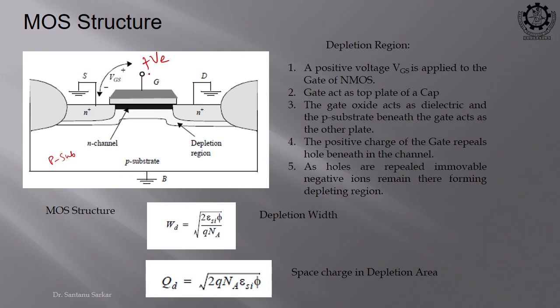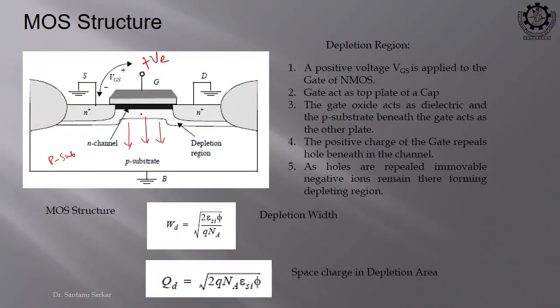So if you have a positive voltage at the gate, all these holes will feel a repulsion, right. So all of these holes will move away from the channel. So what will remain there? Immovable ions. If you remove the holes, then the atom becomes an ion, because there is no one to balance the ion. What will be the charge of the ions? Negative.